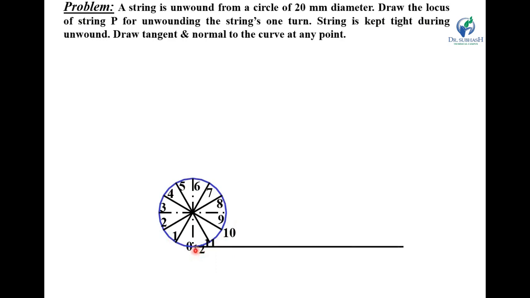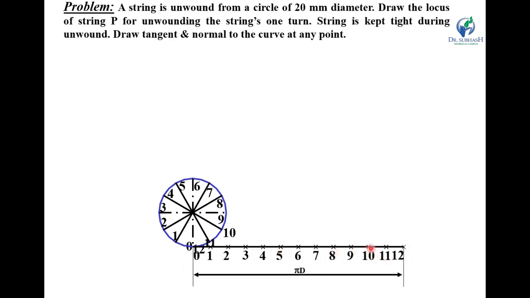Now the next step is to draw a line which is tangent to this circle, and the length of this line is equal to the circumference of this circle, or we can say it is equal to 2 pi r or pi d. Divide this line into 12 equal divisions. The number of divisions of this line is equal to the number of divisions of the circle. If we divide this circle into 8 divisions, then you have to divide this line into 8 equal divisions, and the length is equal to pi d.